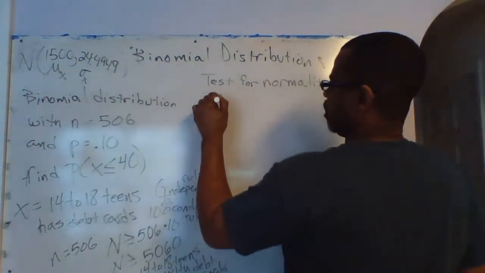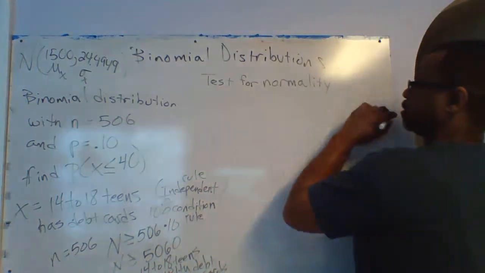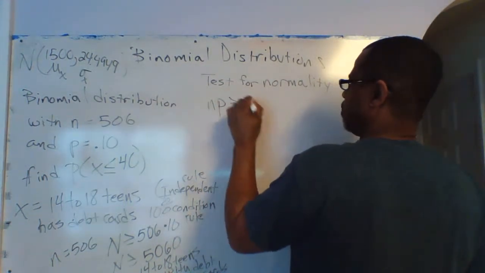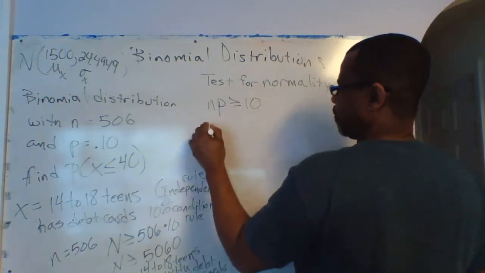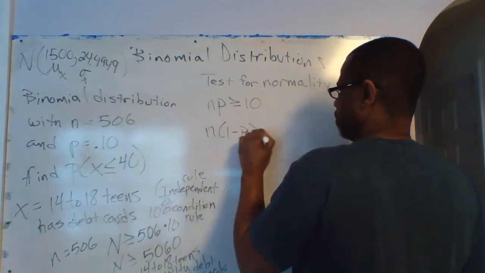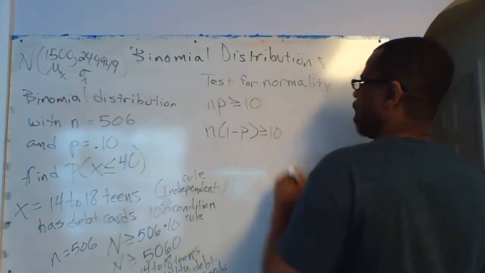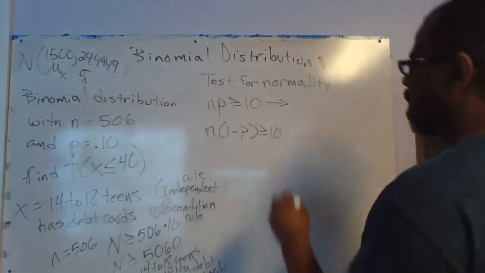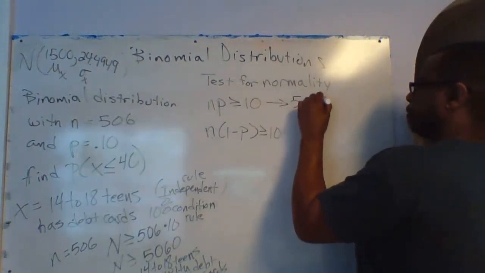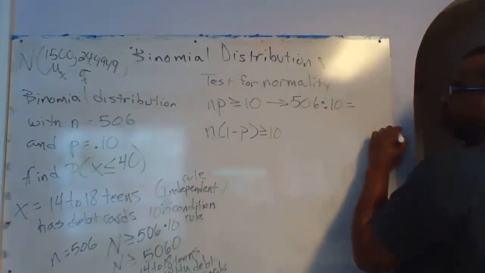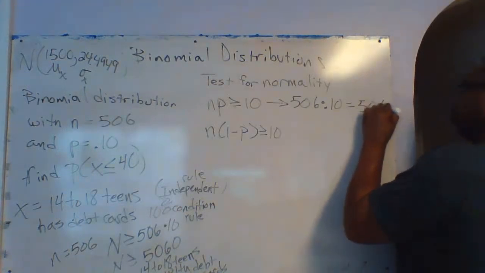So we're going to do n times p is greater than or equal to 10, and we have to do n times 1 minus p is greater than or equal to 10. So in that case, we're going to do 506 times 0.10, and that's going to give us 50.6.